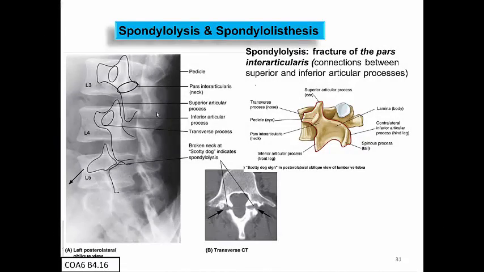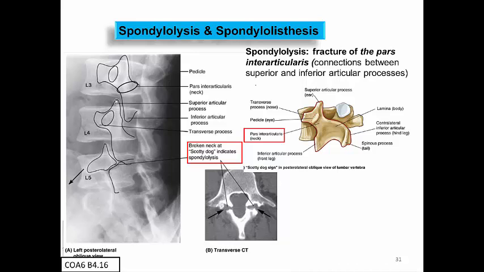Next, we have 2 more clinical correlations called spondylolysis and spondylolisthesis. Spondylolysis is a condition where you have a separation of the pars interarticularis, which is the part of the lamina of the lumbar vertebrae between the 2 articular processes, so the superior and inferior articular process. If we have a look at an X-ray here, it's referred to as the Scotty dog sign, because if you have a look at the vertebrae, this is what it looks like.